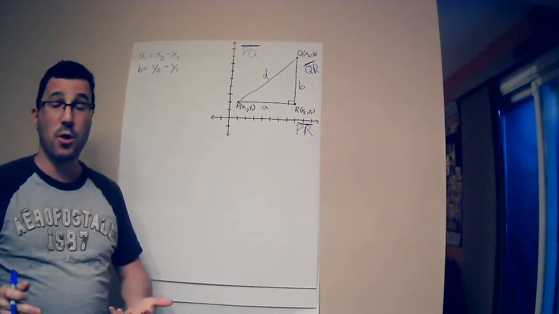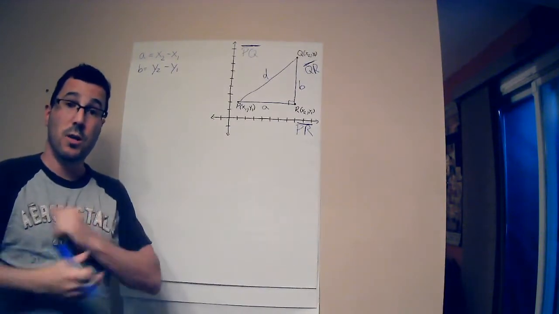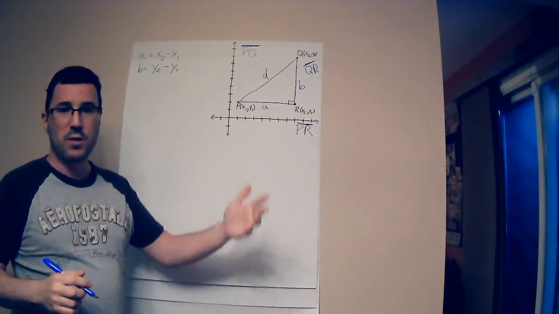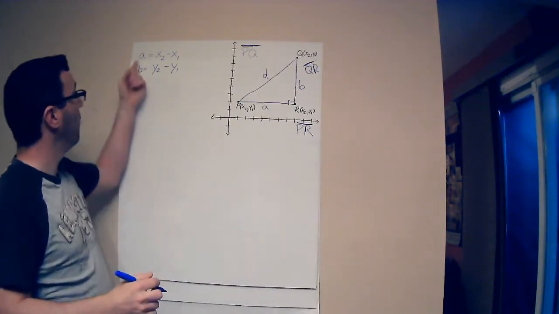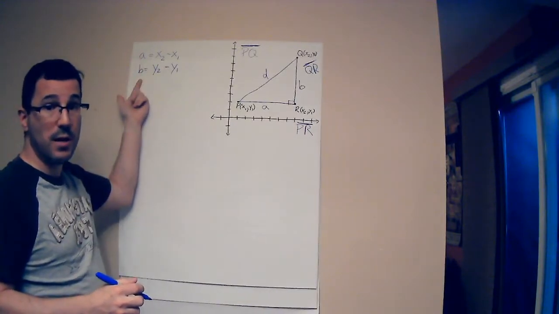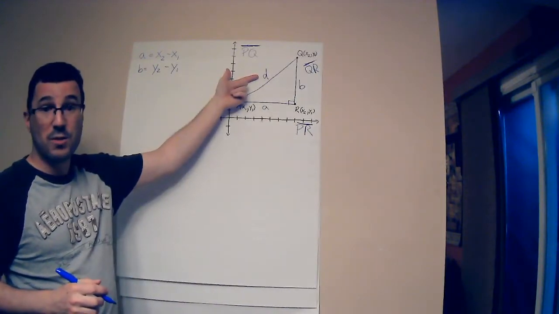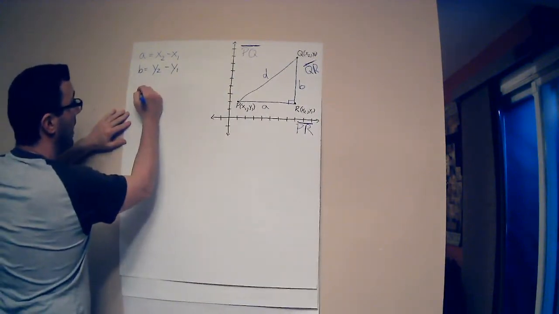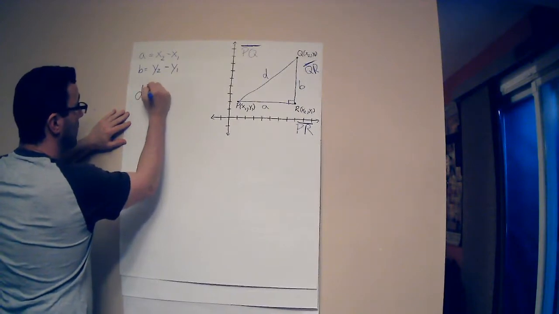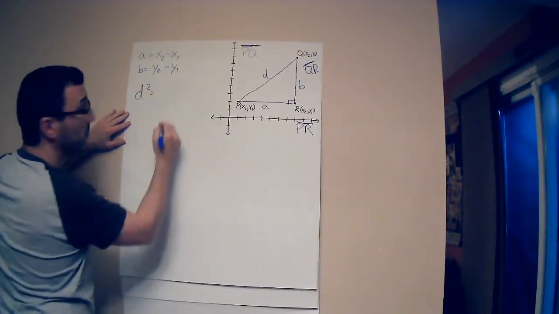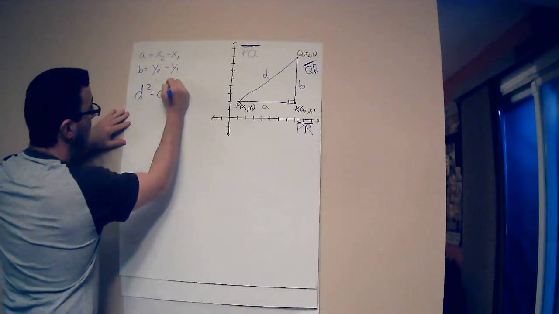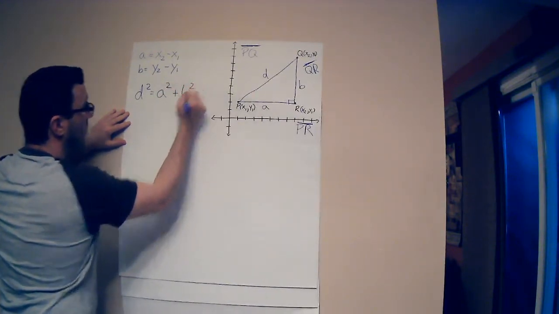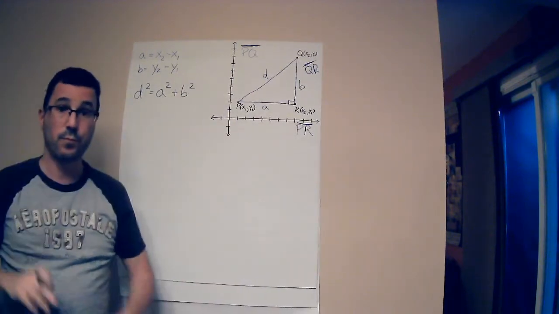Well, now we're going to do the Pythagorean theorem. But instead of it being a squared plus b squared equals c squared, we do have a, we do have b, but instead of c, we're going to use d. So I have d squared equals a squared plus b squared. Okay?